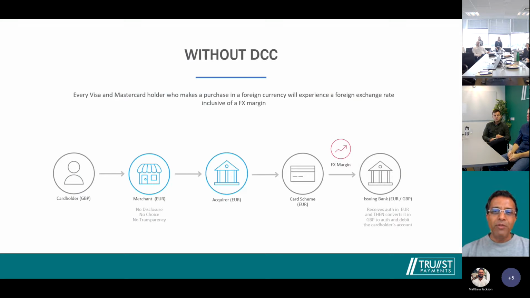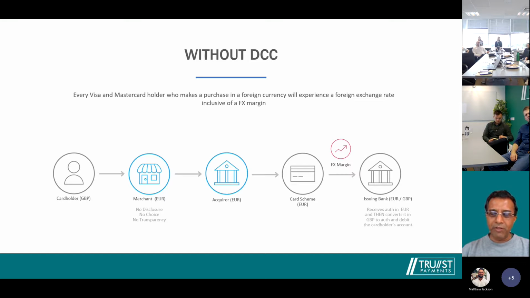If we look at what happens without DCC in place, you go along with your sterling card to a merchant that's selling in euros. You accept you're going to pay 100 euros, and the euro transaction comes through to us, Trust Payments, the acquirer, and gets processed through the scheme. The scheme and the issuing bank is where the conversion takes place, at scheme rates through the issuer, and the merchant will get their euros.